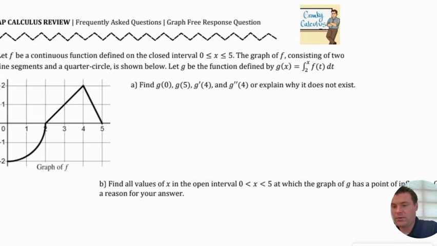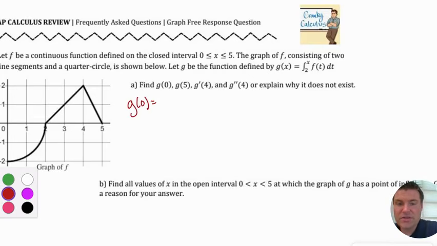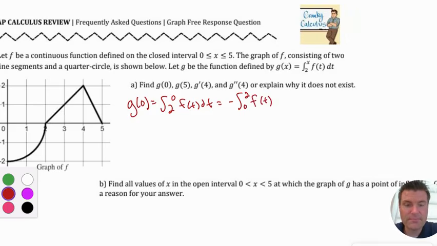So for the first one, g of 0, all we're going to do here is substitute a 0 into my integral. Now, if you notice, 2 is the larger value. That's on the bottom. We can go ahead and flip that so it becomes from 0 to 2 and make that a negative in front of f(t) dt.